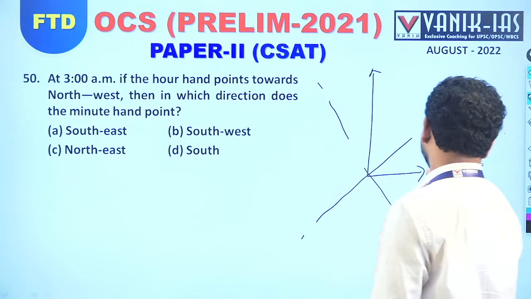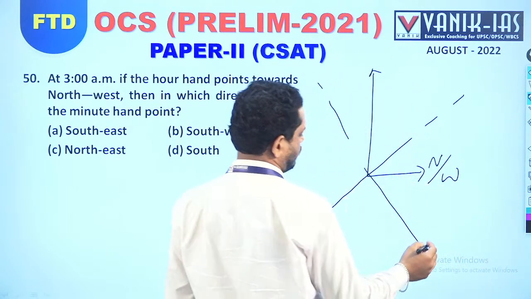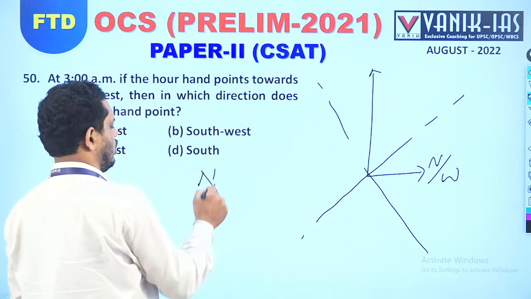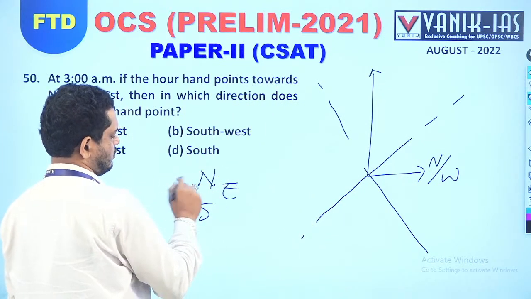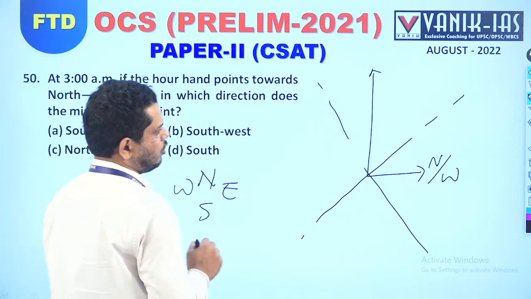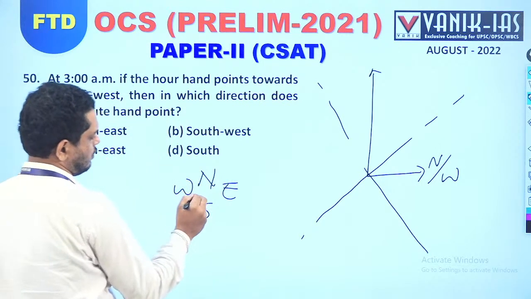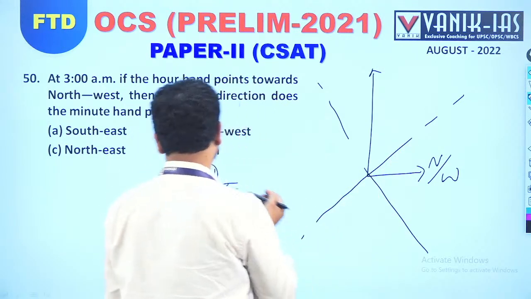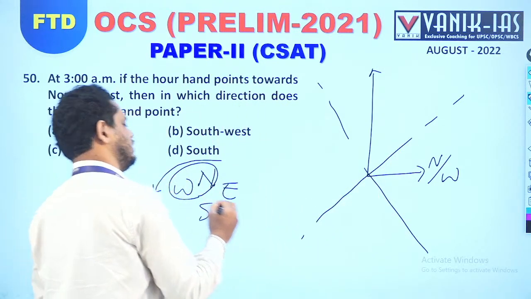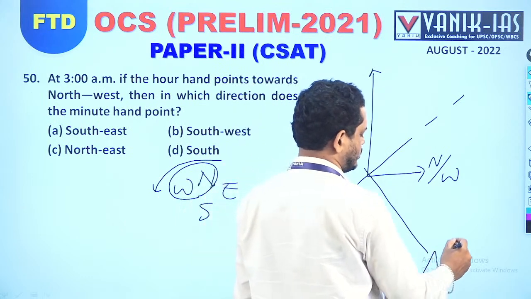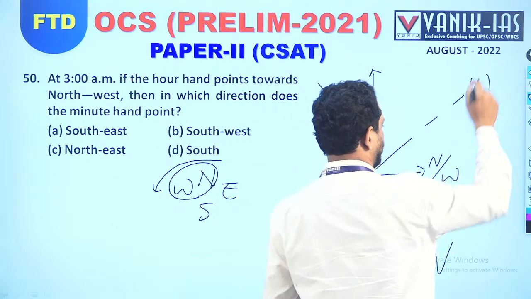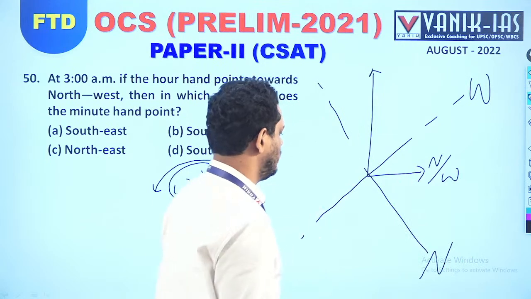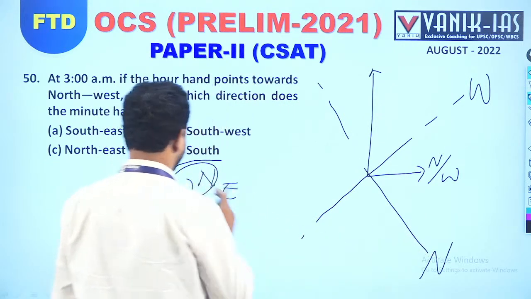If this one becomes northwest, of course we have to move for, look at it, north, south, east, west. If northwest has given, what does it mean? We have to make these areas as northwest. So anti-clockwise from north is west. Of course we have to go for this one as north, this one is west, then only it becomes the areas of northwest. And if this one is north, opposite must be south.